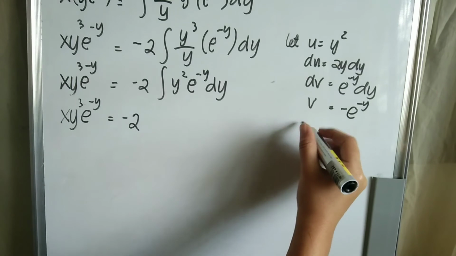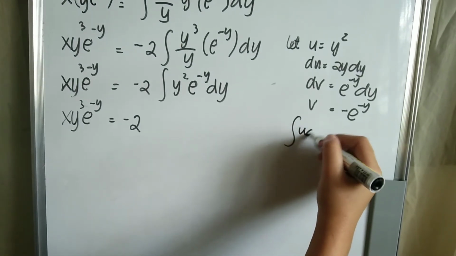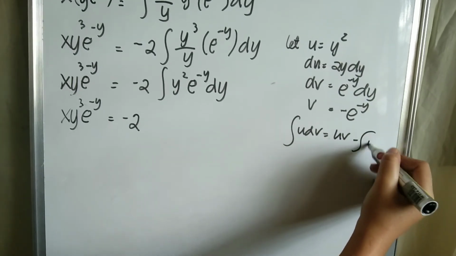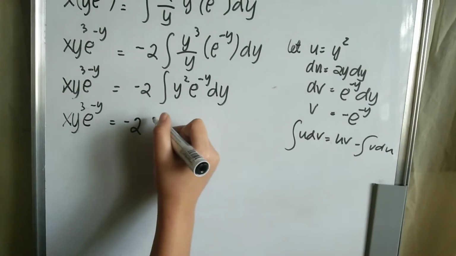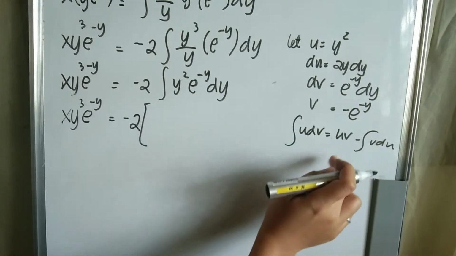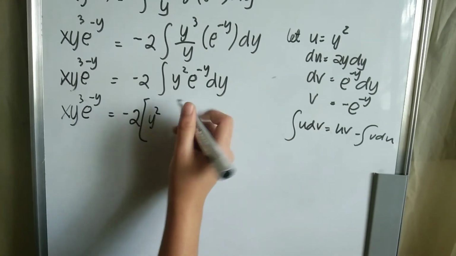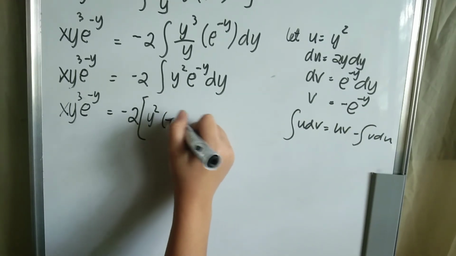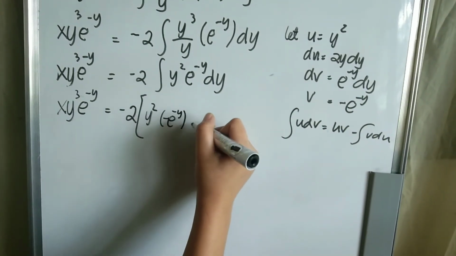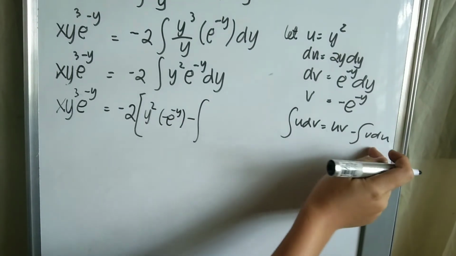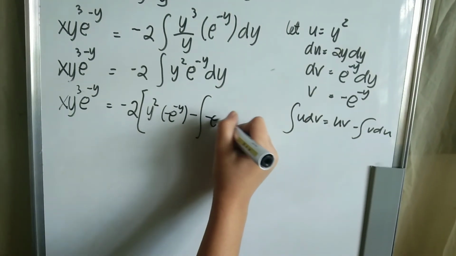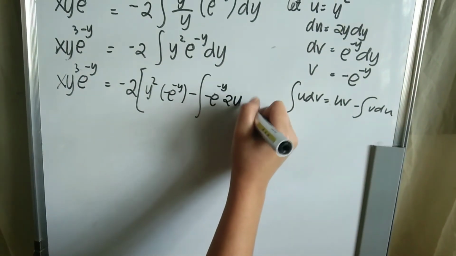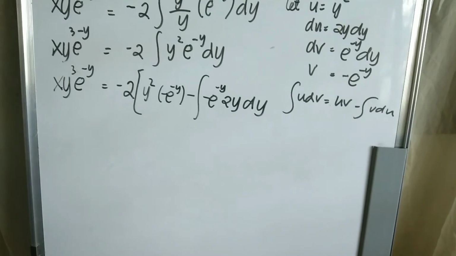So the formula of integration by parts is the integral of u dv equals uv minus the integral of v du. So this will become, the value of our u is y squared, and our v is negative e raised to the power of negative y, minus the integral of v du, negative e raised to the power of negative y, and our du is 2y dy.